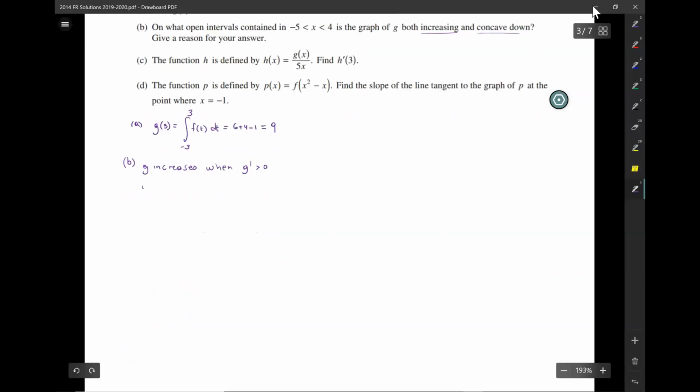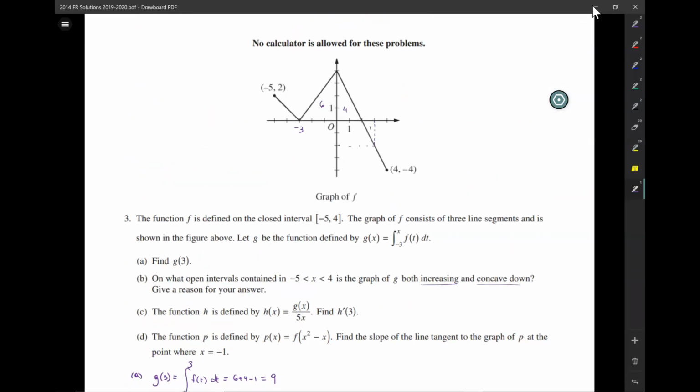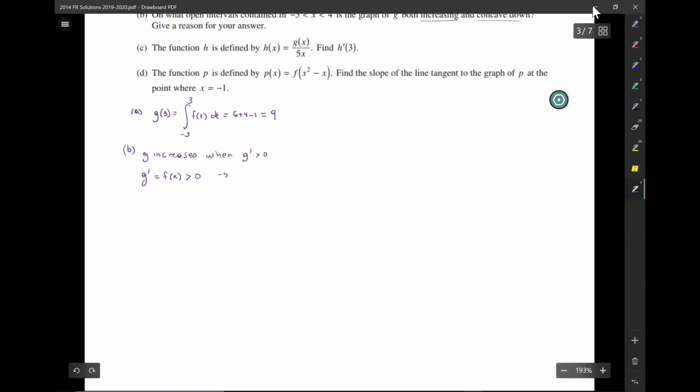Well, what is G prime? G prime is just f of x, okay? And that is greater than 0, so f of x is greater than 0 from -5 to 2. But it's -5 less than or equal to x less than 2. Okay, so that's number 1.